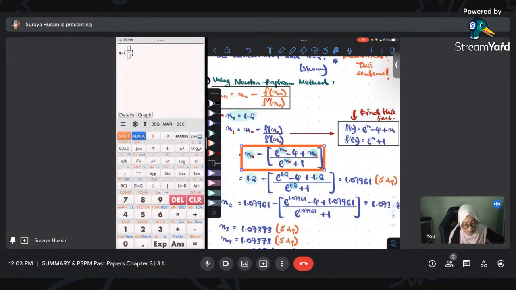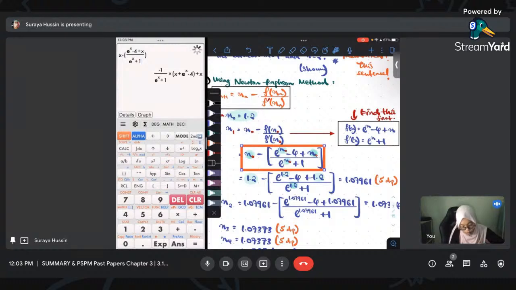So, X minus bracket, buat atas dan bawah, fraction exponent to the power of X. Okay, type it down nicely. Minus 4 plus X. Okay, type it down. Ikut saya. Guna calculator tu. Okay, to the power of exponent alpha X plus 1.